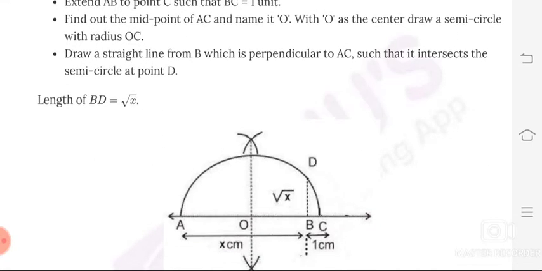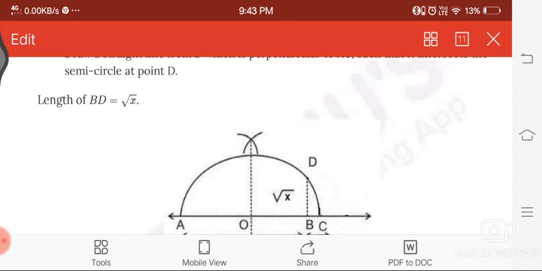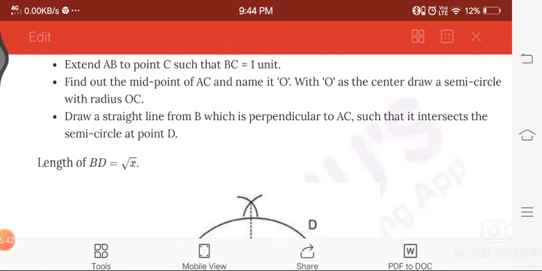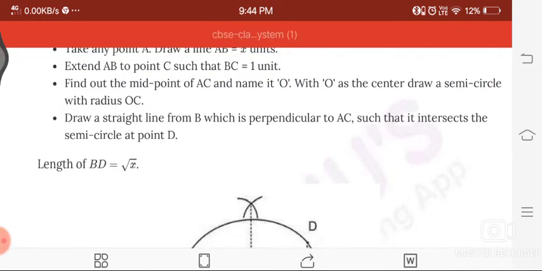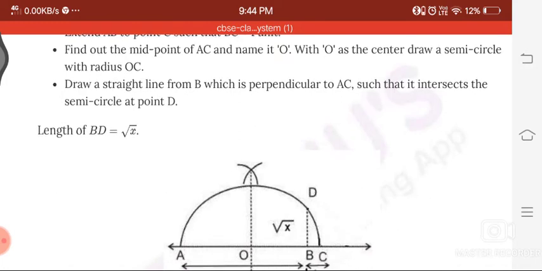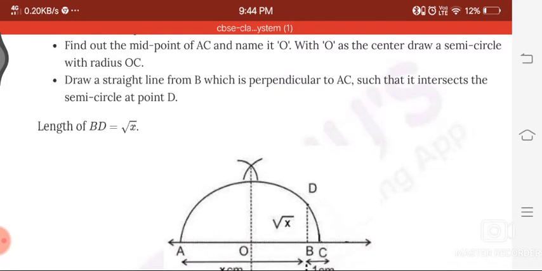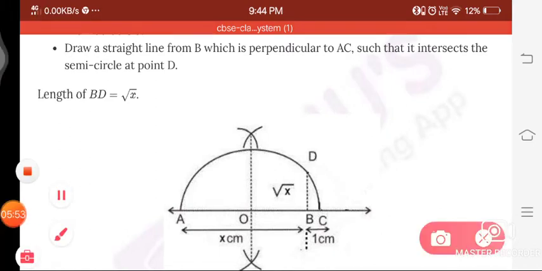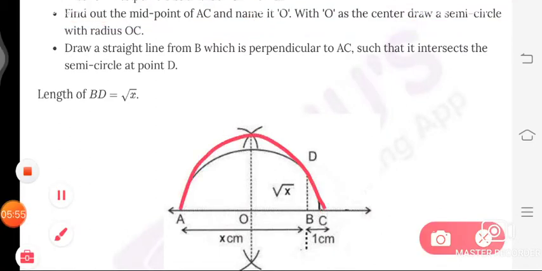Let AB be 1 unit. Find out the midpoint of it and name it O. With O as the center, draw a semicircle with radius OC.